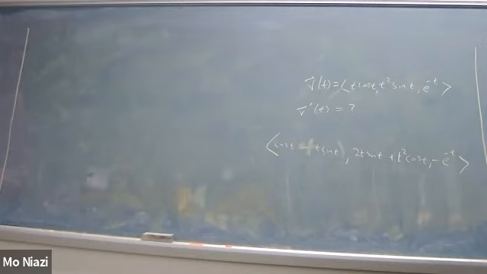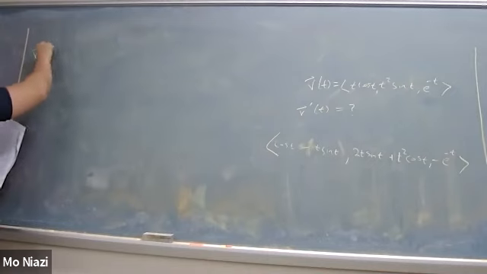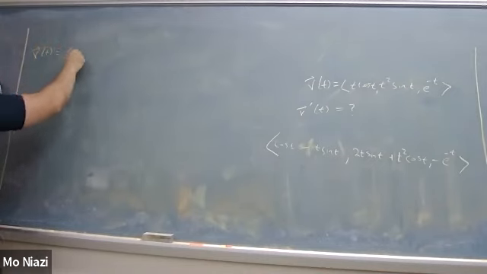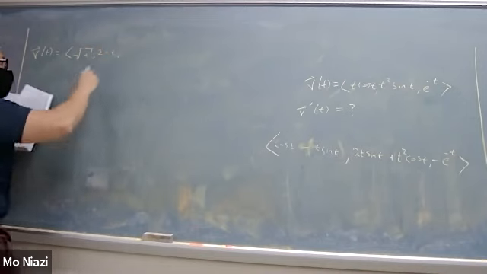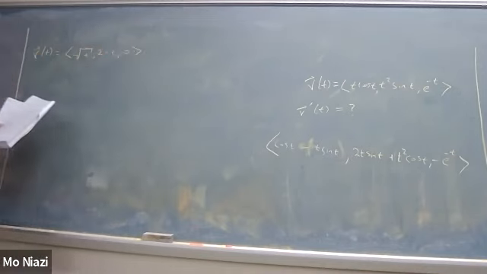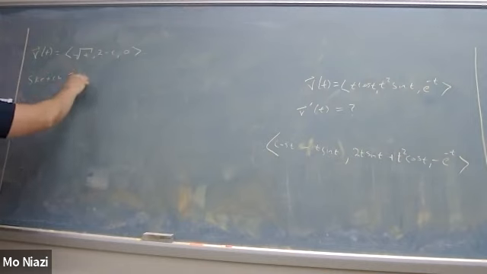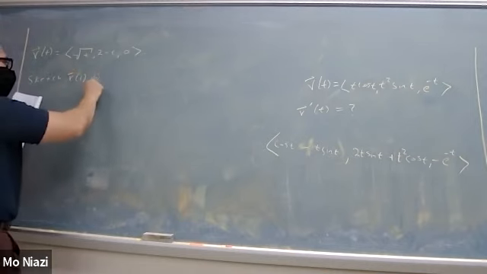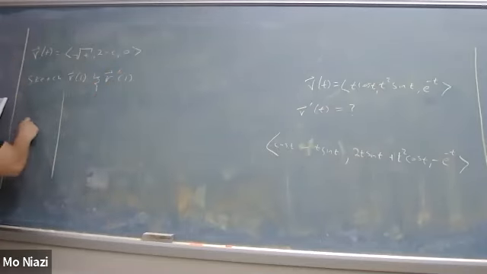Okay, so let's talk about this function right here. This vector function has square root of t in x, 2 minus t in y, and 0 in z. Your book says to sketch r of 1 and r prime of 1, and it generates this picture for you.